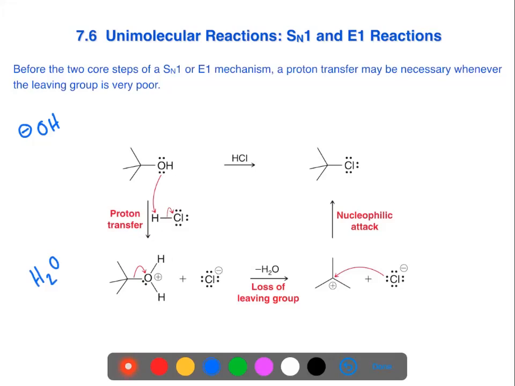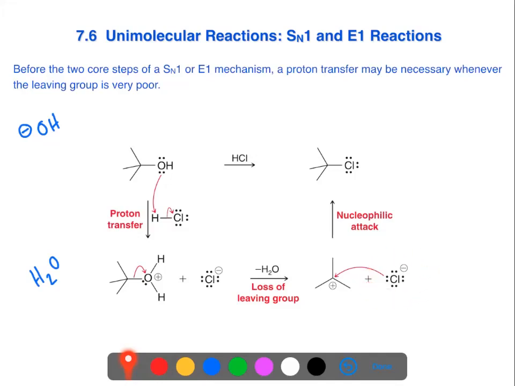So once we form the oxonium, now we can form, through the loss of a leaving group, our carbocation intermediate. So just to recap, we have a proton transfer reaction occurring prior to the loss of the leaving group. And that's required because this is a poor leaving group and this is a much better leaving group. In reacting with HCl, we also generate the chloride ion, and that chloride ion will act as a nucleophile in our last step. So we form our carbocation intermediate through the loss of a water molecule.